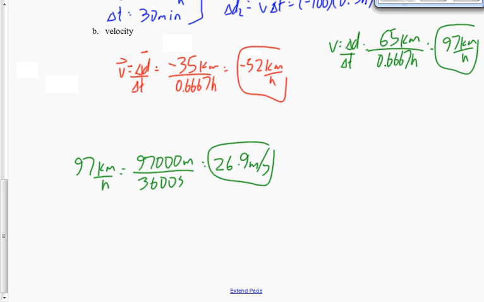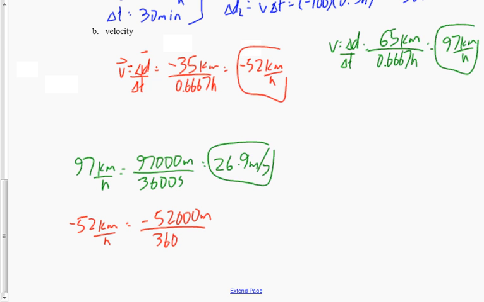All right, the last one here, we got negative 52 kilometers per hour, is negative 52,000 meters divided by, well, 1 hour is 3,600 seconds. Gives me negative 14.4 meters per second, or 14.4 meters per second to the west. Good?